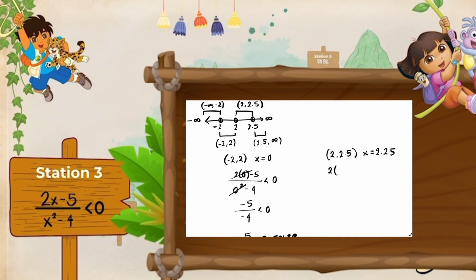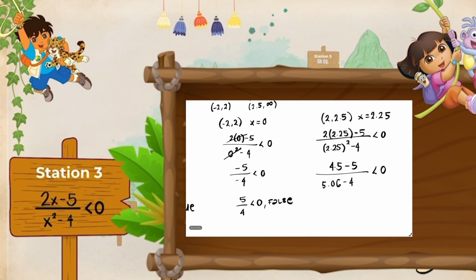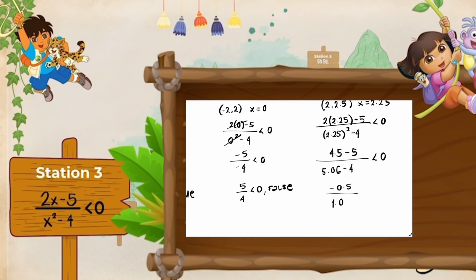So (2 times 2.25 - 5)/(2.25² - 4) < 0. 2 times 2.25 is 4.5, minus 5. 2.25² is 5.06, minus 4. 4.5 minus 5 is equal to -0.5, and 5.06 minus 4 is equal to 1.06.